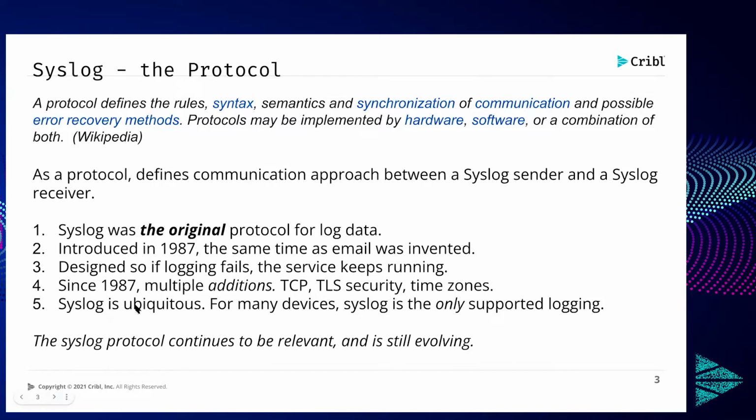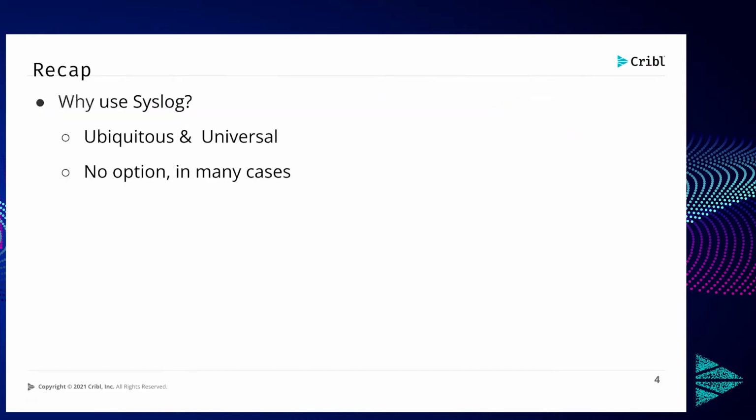It was like the original API for inter-process communications between two completely disparate application stacks. So it's ubiquitous and it's universal. And in a lot of cases, you don't have an option. If you've got Cisco gear or Palo Alto firewalls or typically networking equipment, they support Syslog. They don't support installation of an agent or HEC or any of the other more modern ways of getting data out.